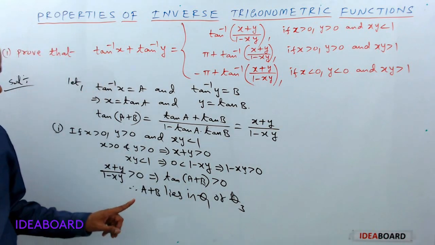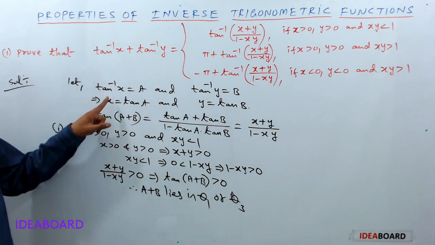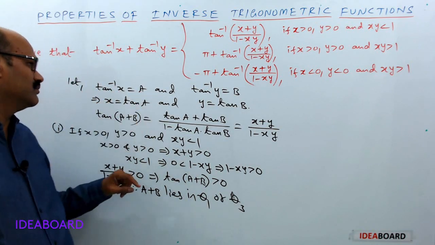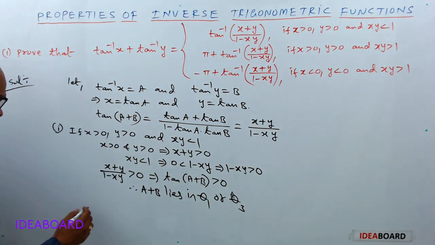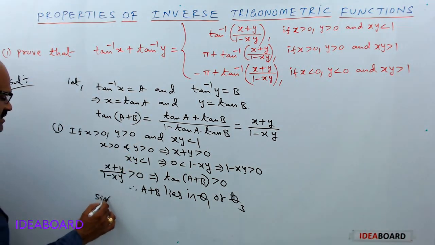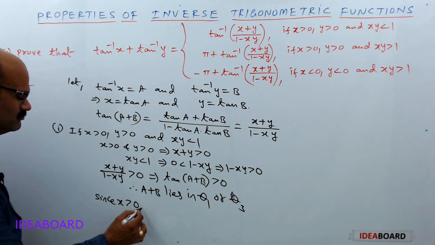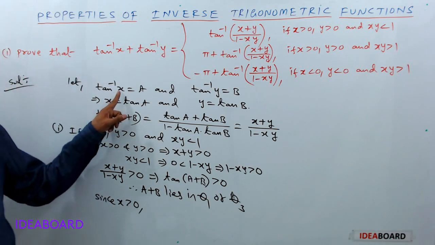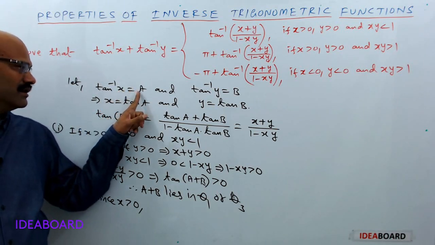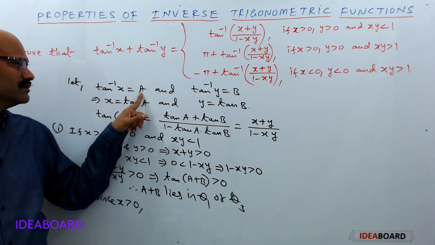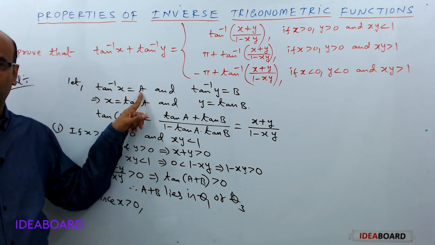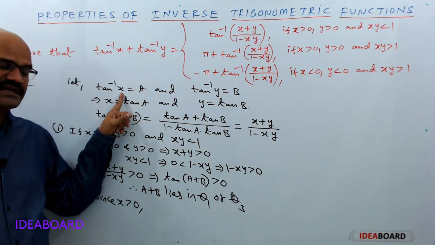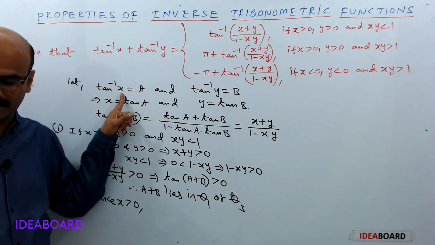Now, here we have x greater than 0. Whenever x is greater than 0, a lies between 0 and pi by 2, since the range of tan inverse x is minus pi by 2 to plus pi by 2.